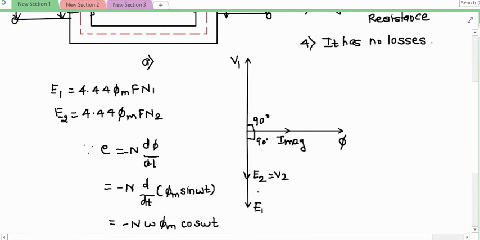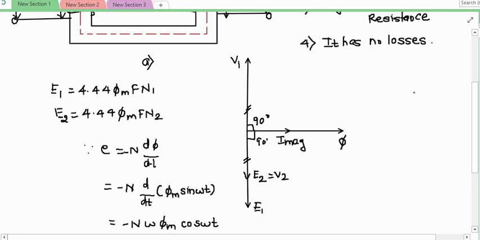So there being a negligible voltage drop in the primary winding, the primary voltage V1 is equal and opposite in phase to the EMF E1 induced in the primary winding. That's why V1 and E1 are approximately equal, but both oppose each other in accordance with Lenz's law, because Lenz's law says the direction of EMF is such that it will oppose the cause.